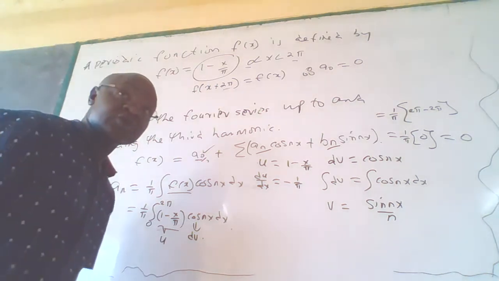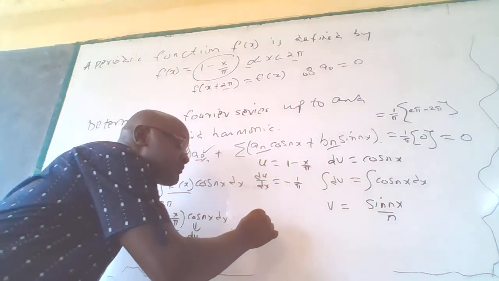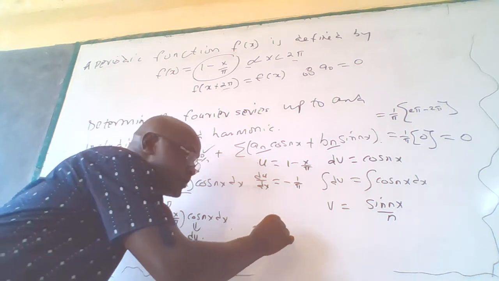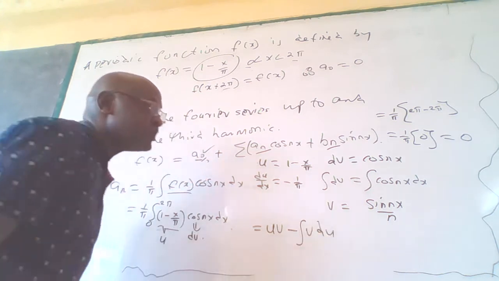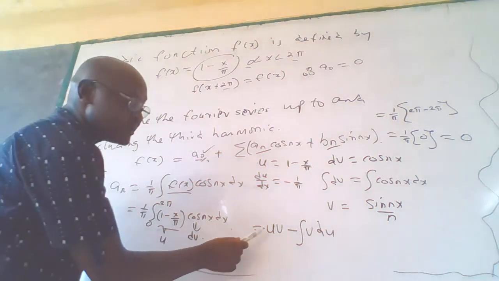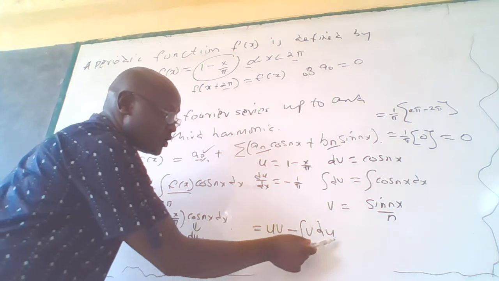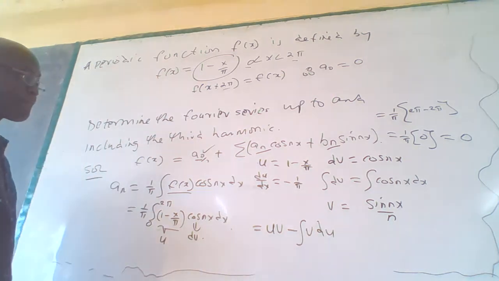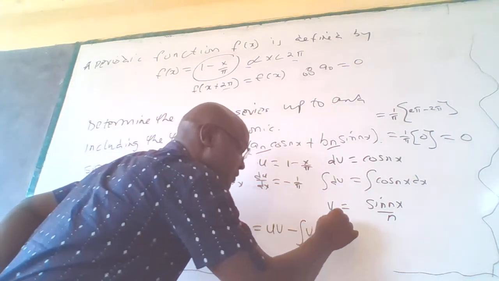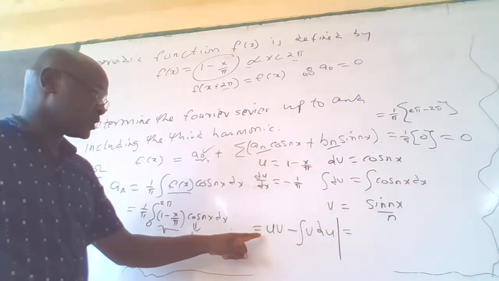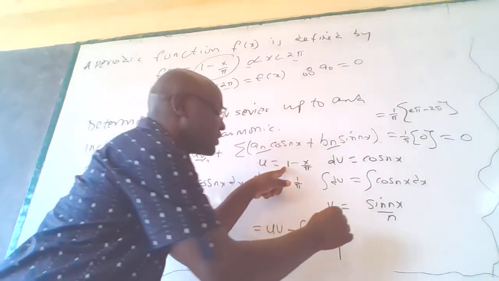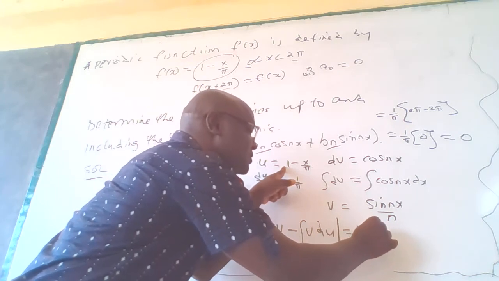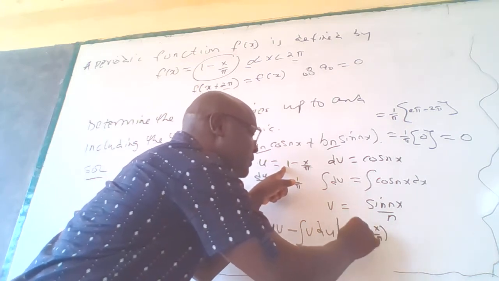But the integration by parts formula is given by uv minus the integral of v du. We now have the value of u and the value of v, so we can substitute in this formula. Our u is 1 minus x all over pi.